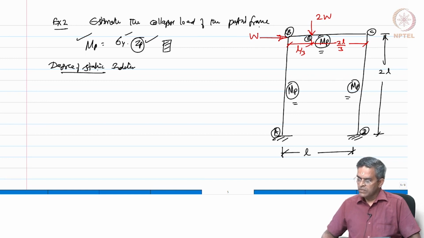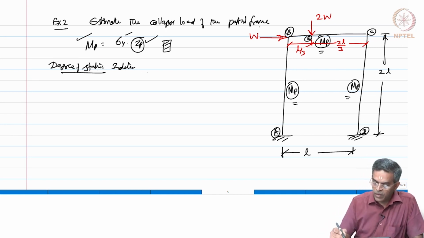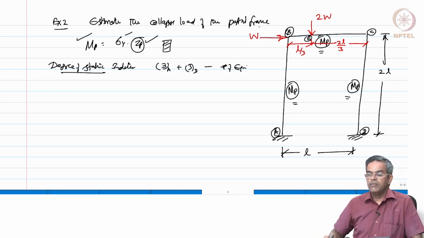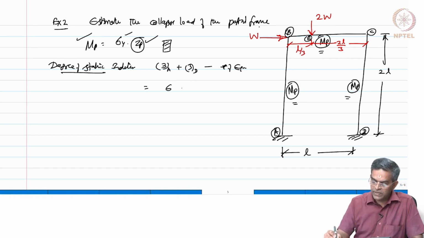There are two fixed supports, so there will be 3 unknowns each. So, the degree of indeterminacy will be 3 reactions at A plus 3 reactions at D minus number of equations of static equilibrium. We will say it is 6 minus 3, so 3.